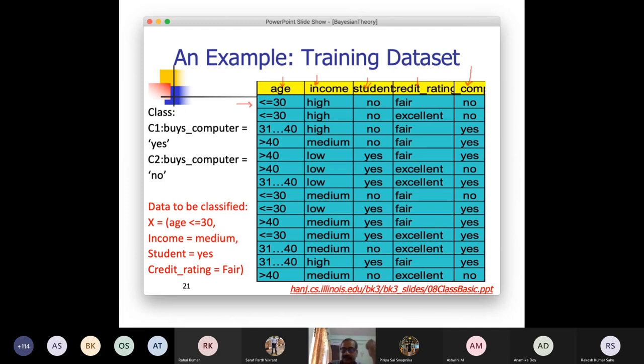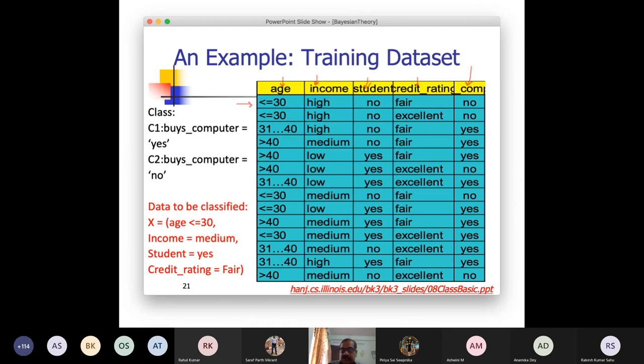So you just compute the fraction of times a particular category occurs given that class. That means if I consider all the observations related to yes, and within those observations, how many of them are, say, less than or equal to 30? What fraction of them is less than or equal to 30?